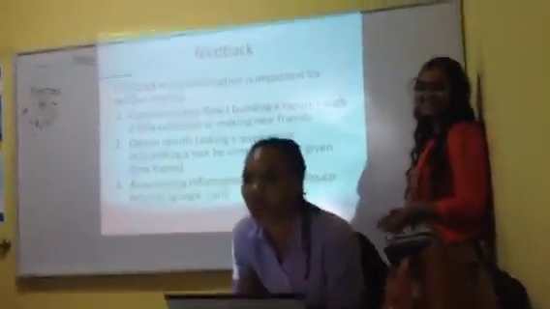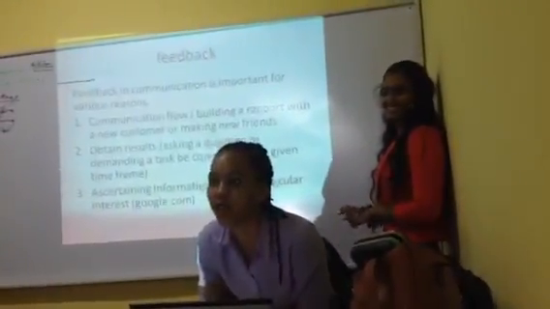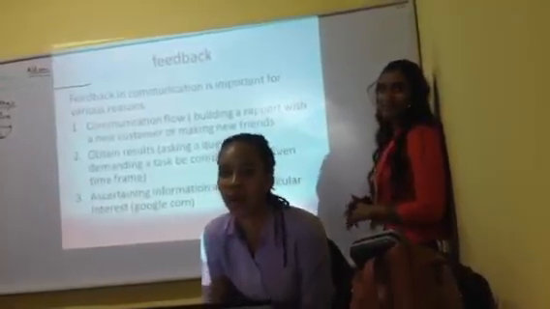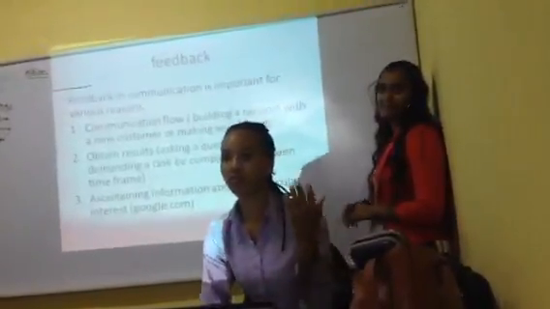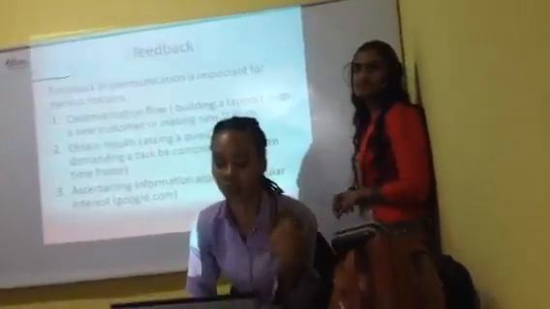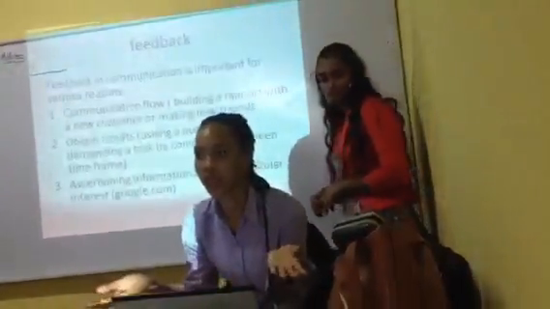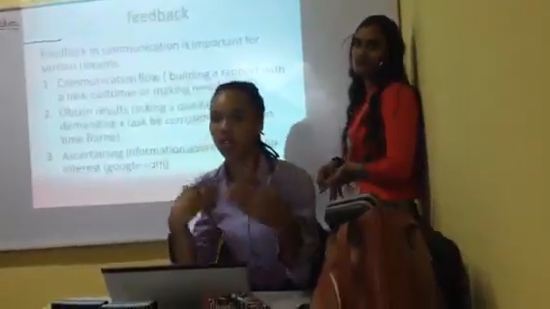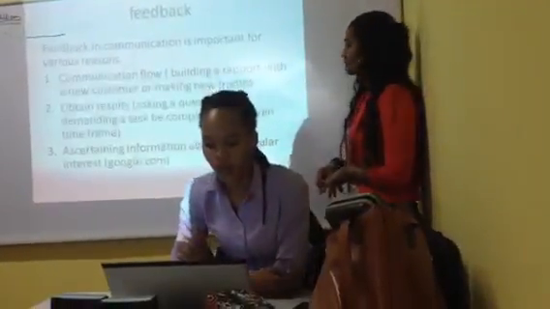Alright, so the communication flow is basically I ask a question and you all give me an answer. So the question would be like, what is your name? And the feedback would be, my name is whatever is the case. So the communication flow is two-way.